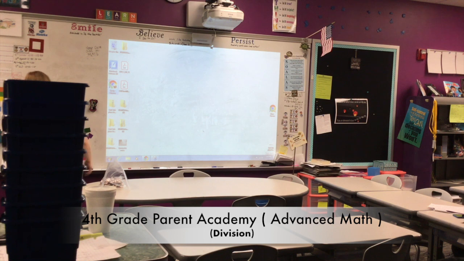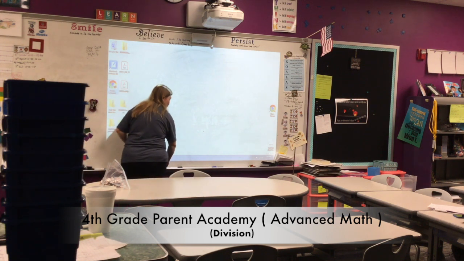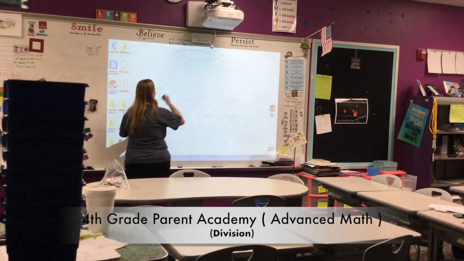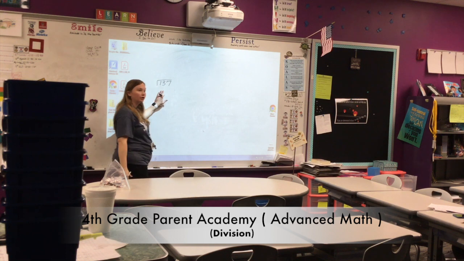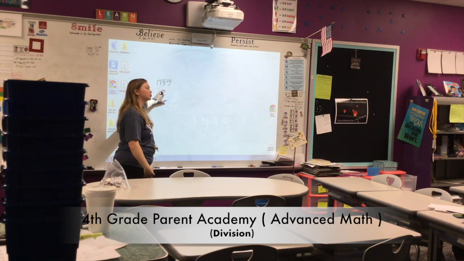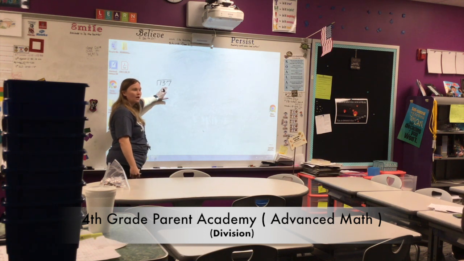But I wanted to go through your steps. Okay, so this group, you guys said you had 137. And so that was your start number, right? Do y'all remember what that's called? Start number is your dividend, okay?